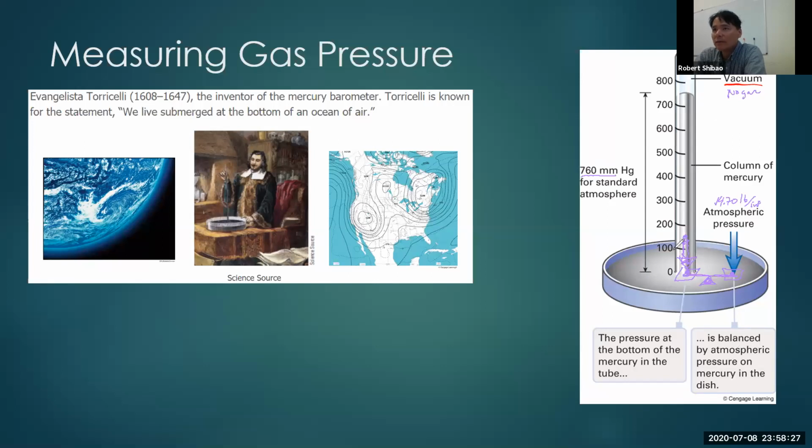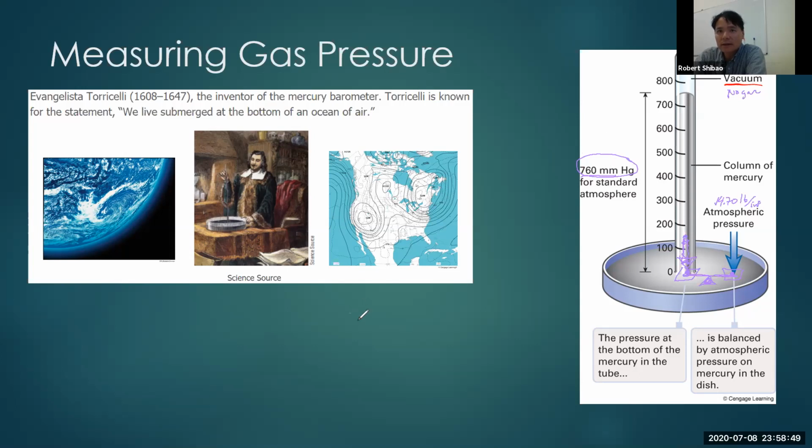Well, we don't want to weigh the mercury, so what we do is just measure the height of the mercury column. Even though the height or length of the mercury column is not pressure, it's related to how much mercury we have, which is related to how much it weighs, which is related to the pressure. This is a weird unit because it's not a typical pressure unit.